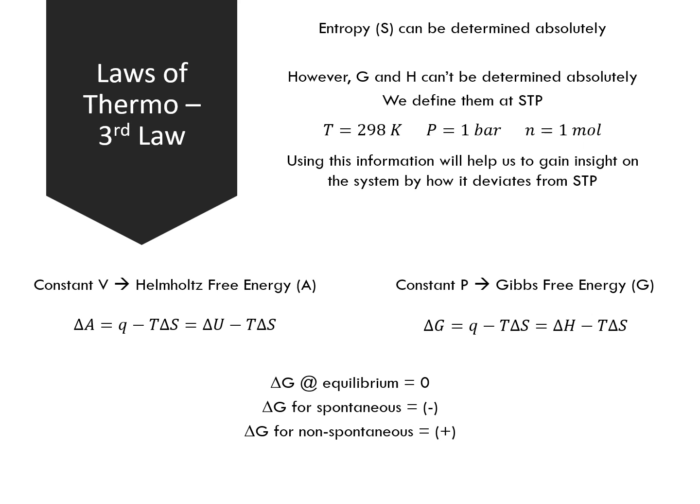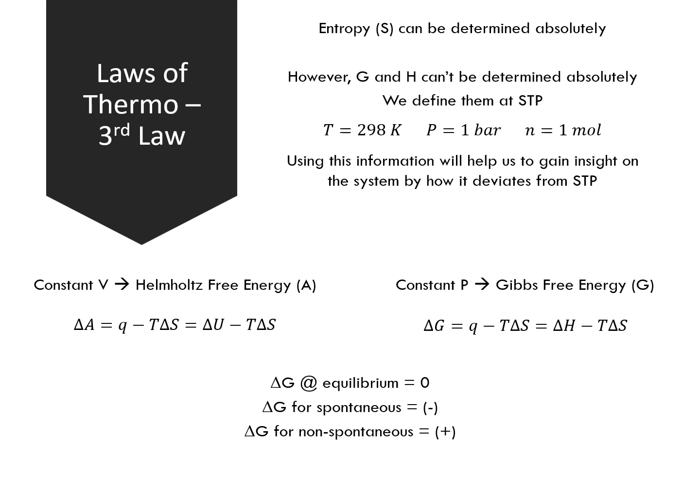So looking at the third law, this states that entropy can be determined absolutely. Another way of stating it is that at absolute zero, there is going to be zero disorder, or things will be perfectly crystal. But something to note is that G and H cannot be determined absolutely.